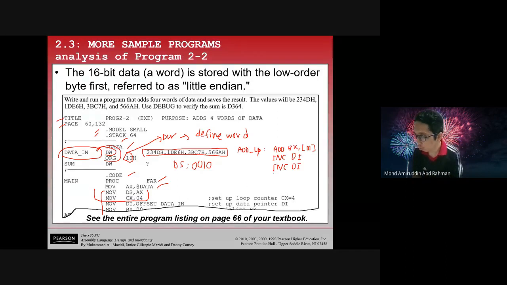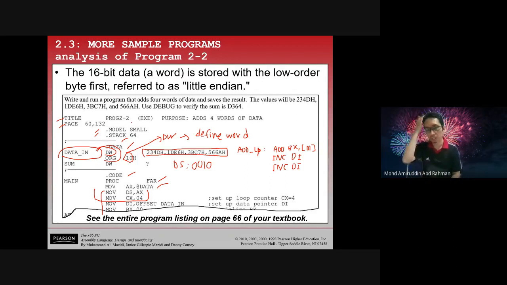All right, so once we increment that, we have to decrement the CX. Once we add the word, we increment 2 times, but before this we just incremented once because it was not a word. It is just a byte, and a byte is just 8 bits of data.